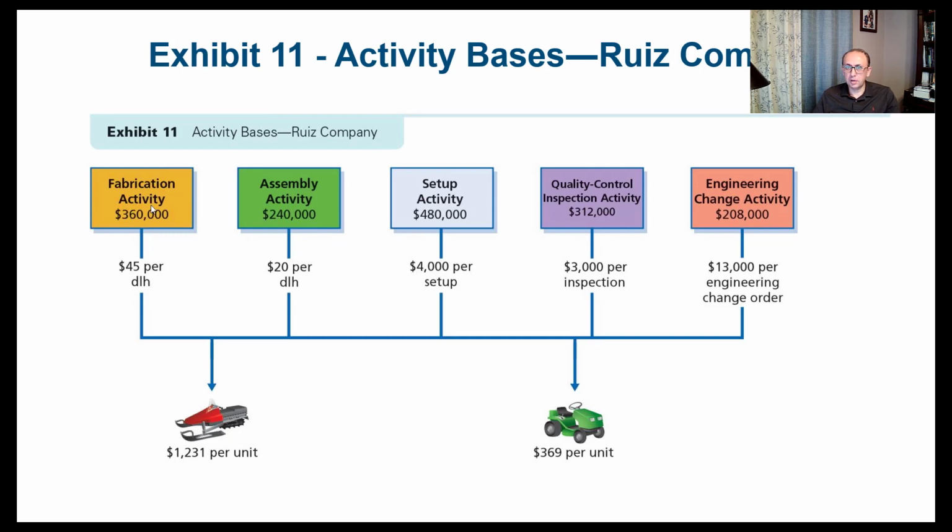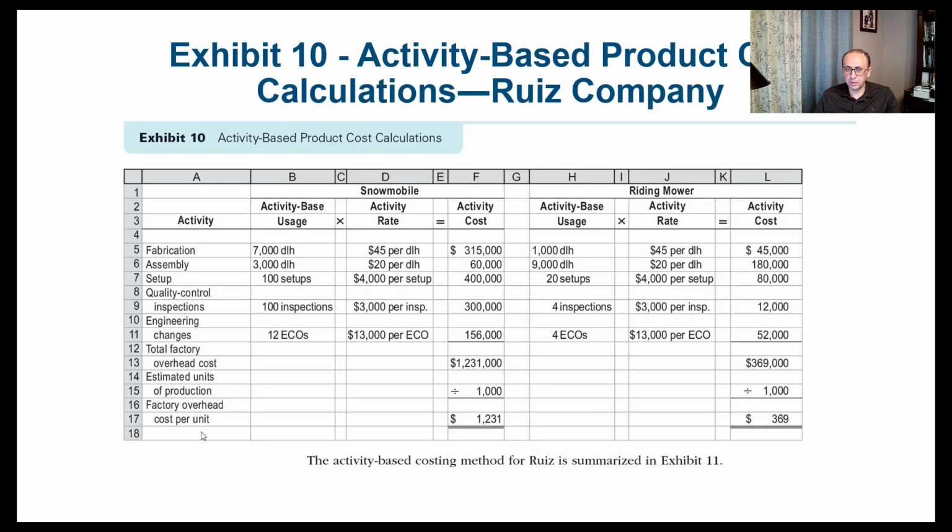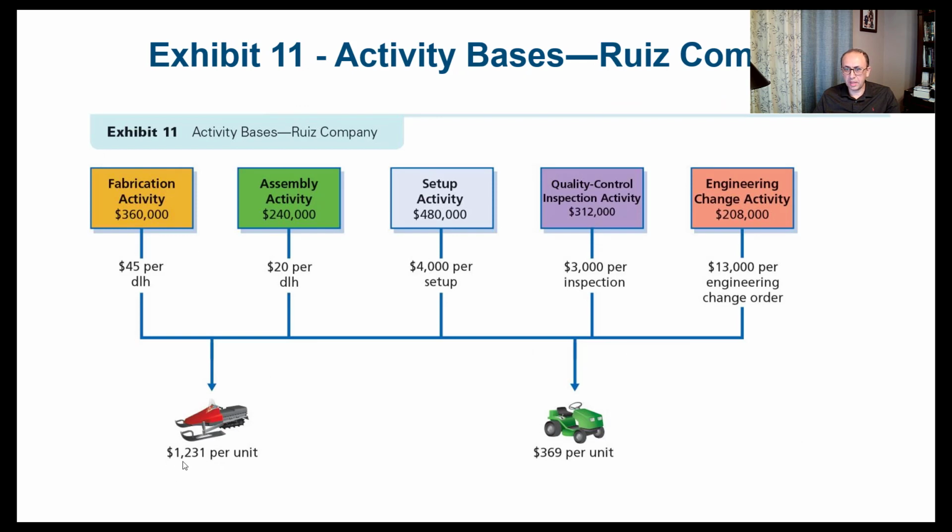Here are the 5 activities again that we decided to use. These are the total allocation, these are the rates, and we were able to calculate the factory overhead cost per unit for the snowmobiles to be $1,231 per unit, and for the mowers it's 369.